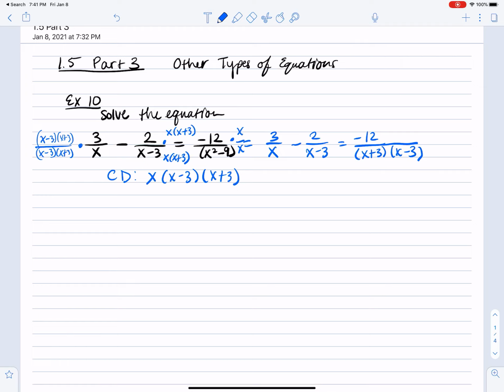So our new answer is going to be 3 times x minus 3, x plus 3 on the top, minus 2 x plus 3 on the top, equals negative 12x.